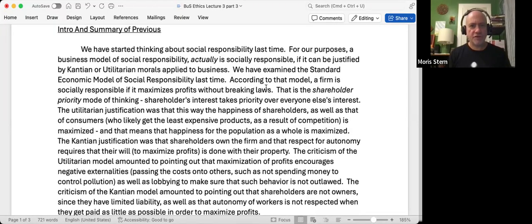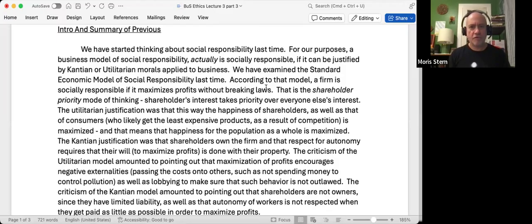So we have started thinking about social responsibility last time. For our purposes, a business model of social responsibility actually is socially responsible if it can be justified by Kantian or utilitarian morals applied to business. We have examined the standard economic model last time.